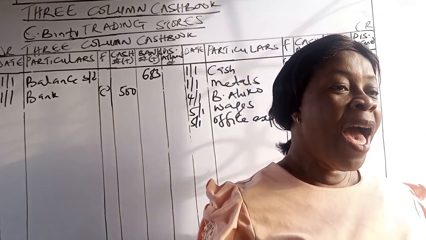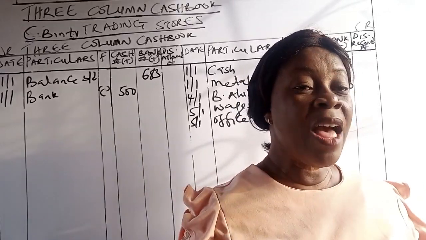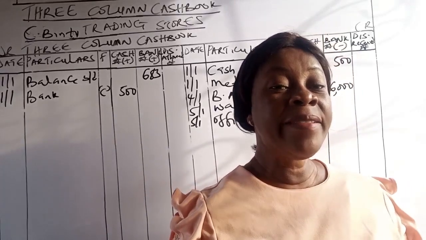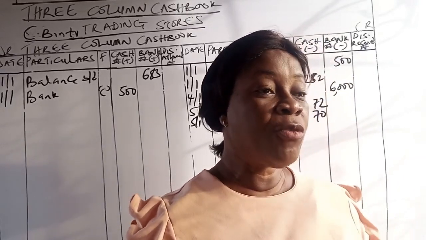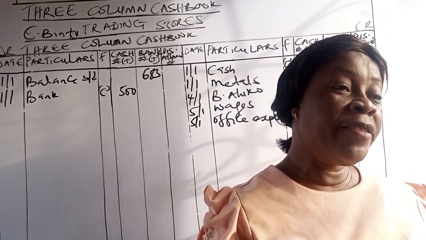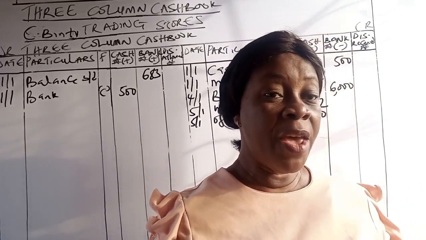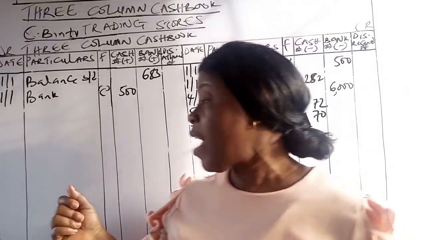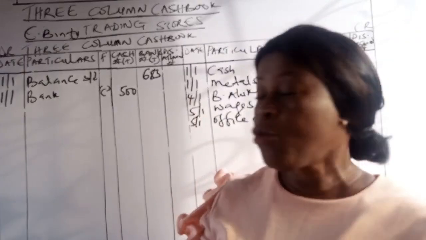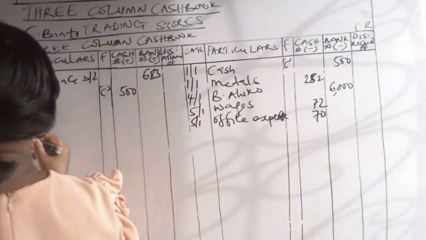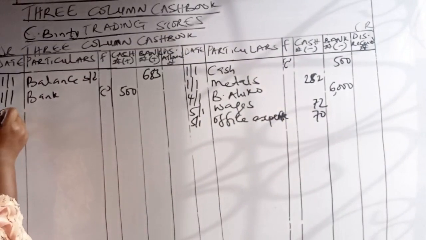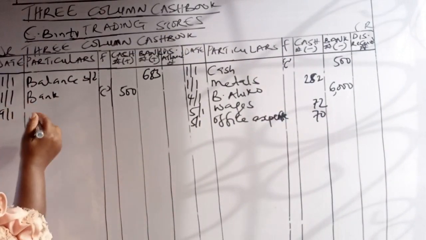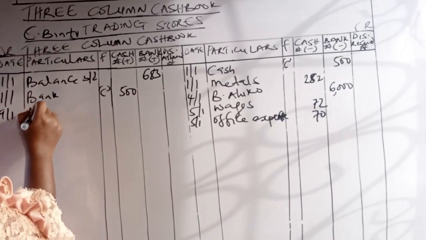January 9, Aba paid by check, the account of 250 naira by check, less 10% discount. So since Aba paid the organization by check, that transaction will be written on the debit side of the cashbook. So the column for date we have 9/1, and it was Aba that paid by check.